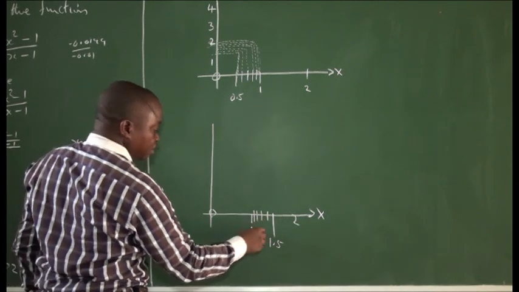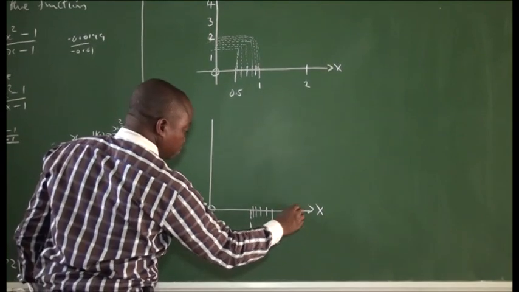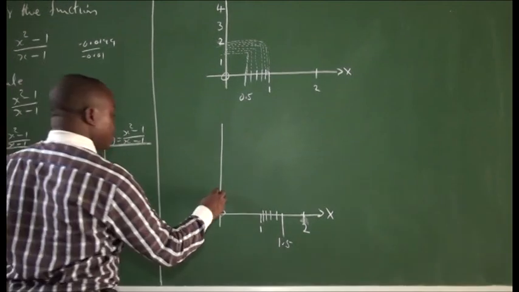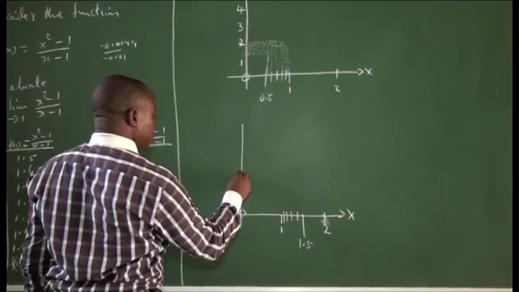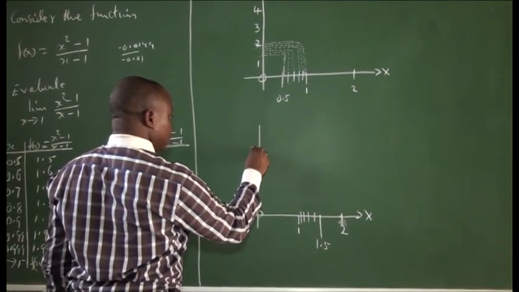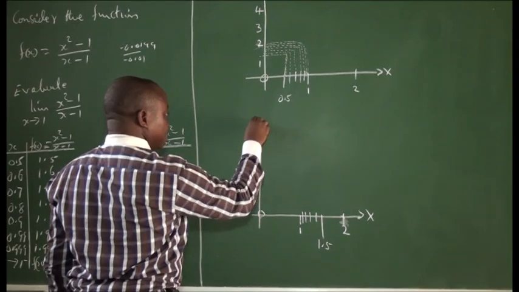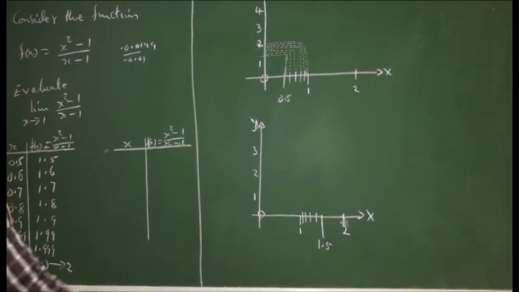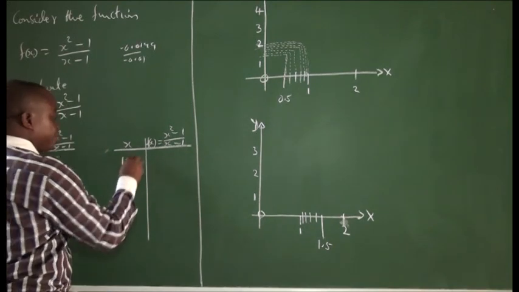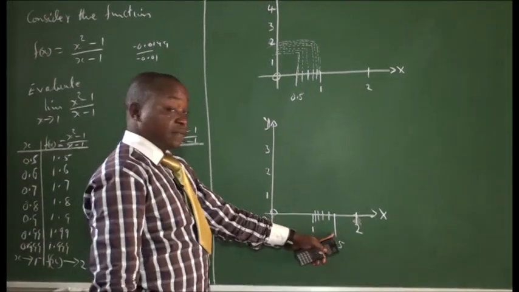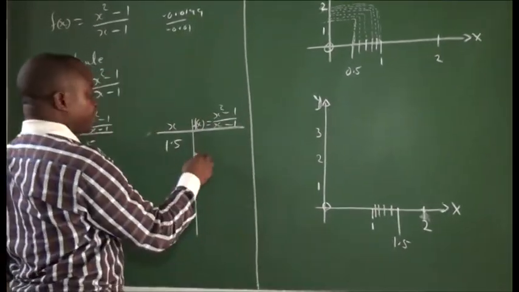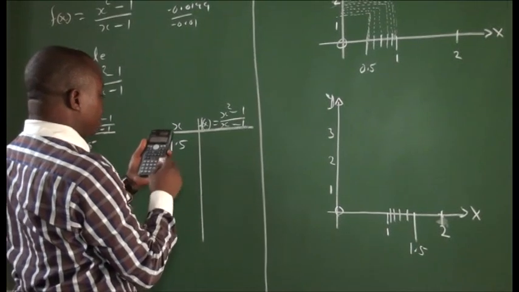This is 1, while this is 2. Now, in this one, we also have 1, 2, 3. So this is the y-axis. So when x is 1.5, that is from here now, it's coming this way, it's approaching 1. When x is 1.5, we have something of this nature.